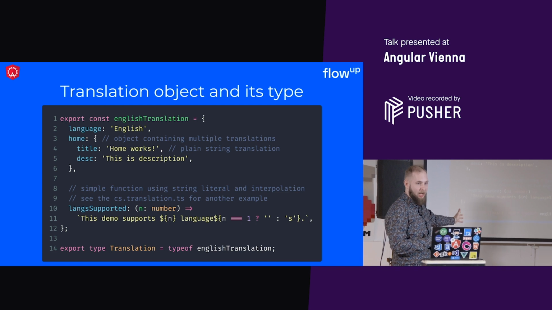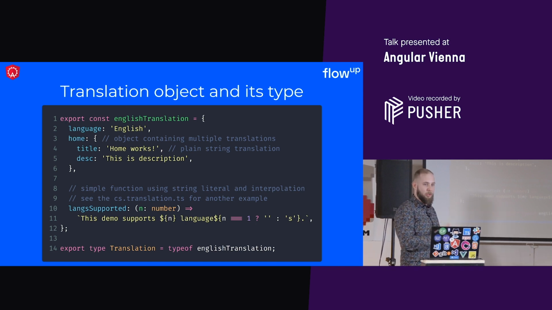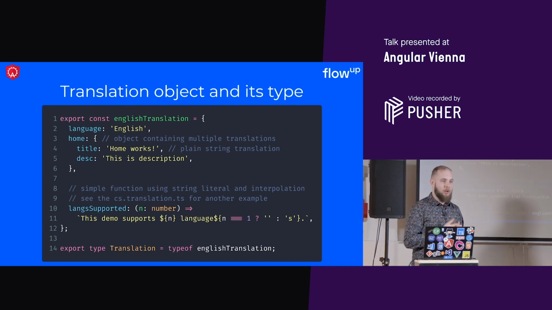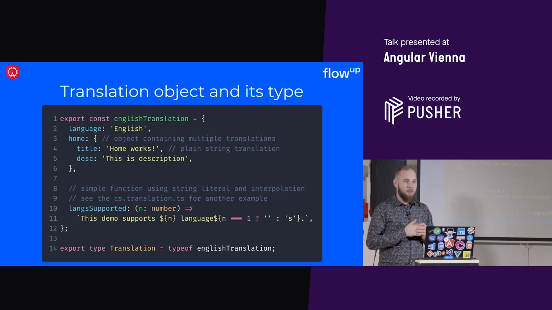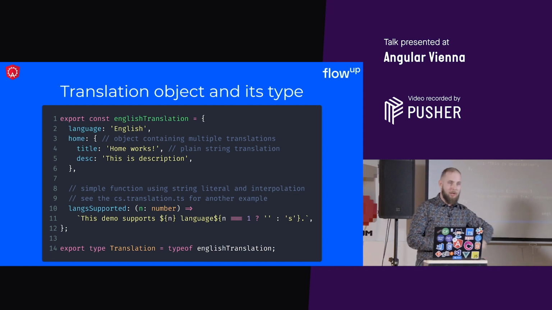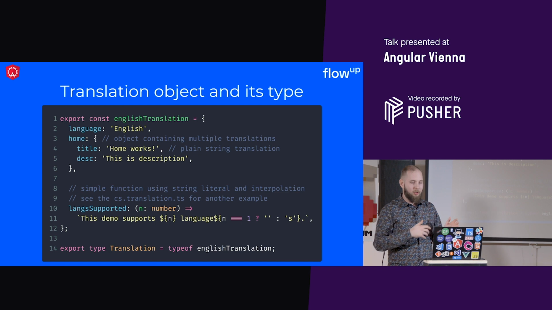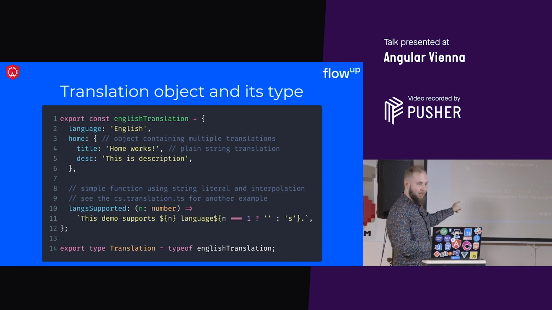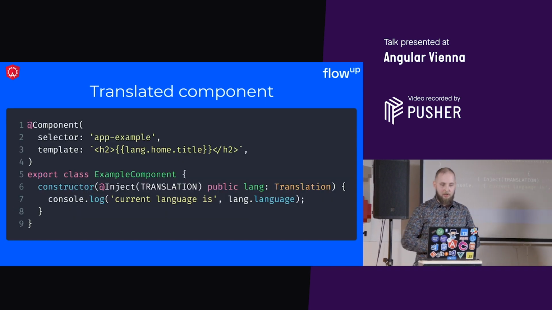So we will have a type of this translation, and we will tell that this is a default. This is what every other translation needs to implement. Why? Because we are developing in English, so we know that English will work, and when English works, then every other translation will also work, because it implements this type. So we are safe.